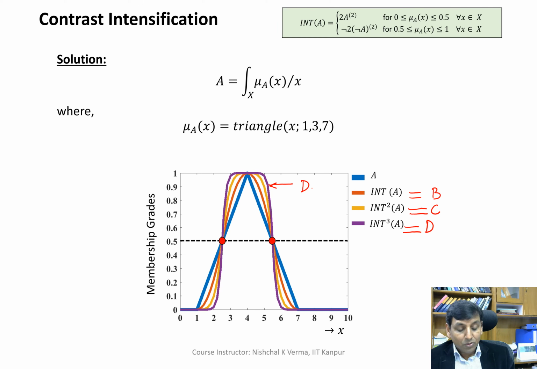Below this line, whatever membership values are there are getting reduced. Above the 0.5 line, the membership values are getting increased. This way we are able to intensify the membership value.